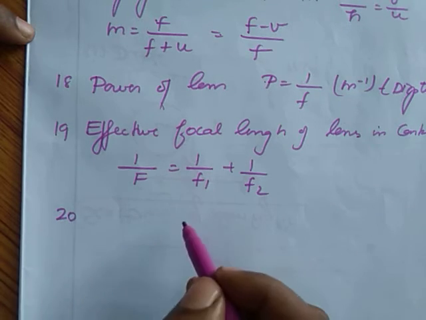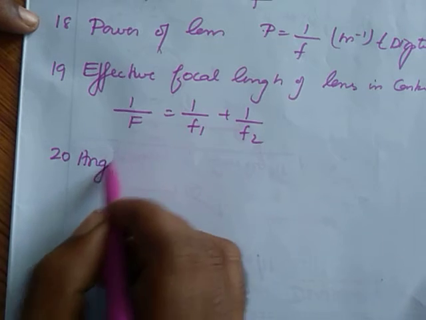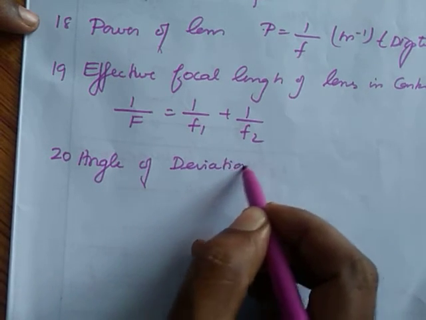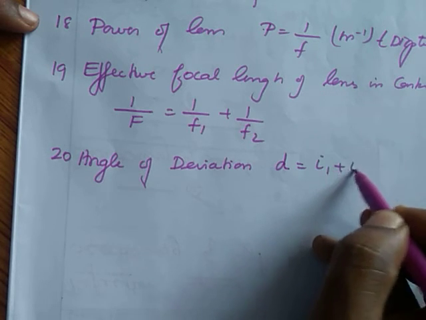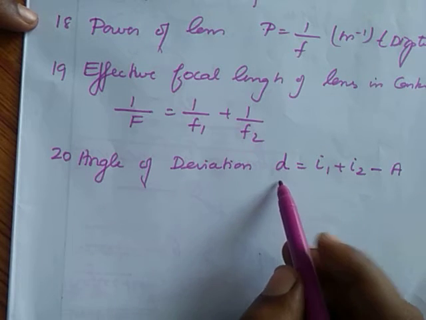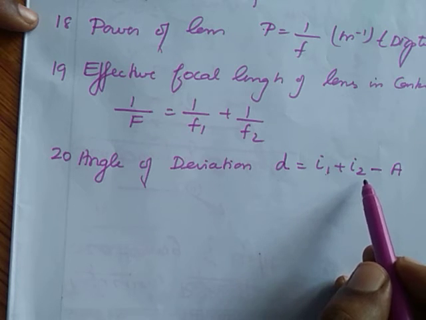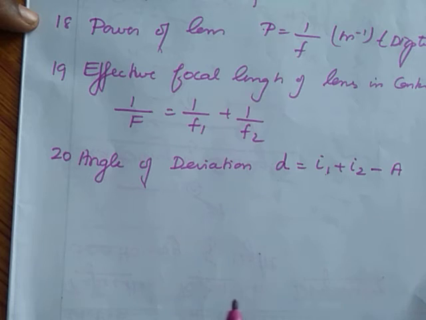The next one, that is the angle of deviation in a prism, that is indicated as small d. d is equal to i1 plus i2 minus A. Here the angle of deviation depends on the angle of incidence, angle of emergence and angle of the prism, and also on the refractive index of the material of the prism.